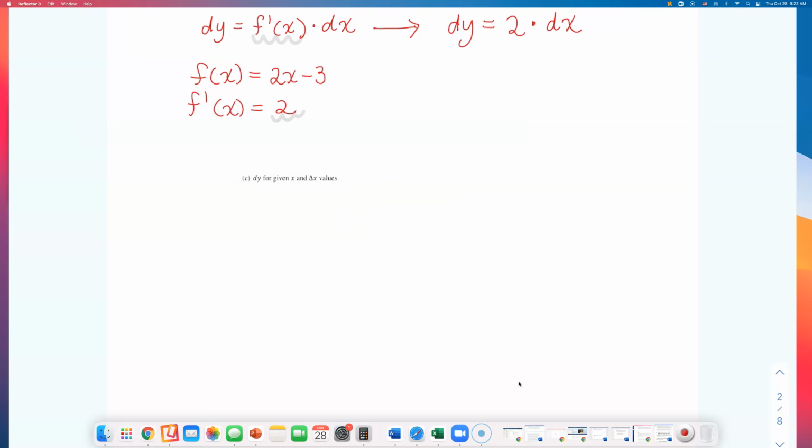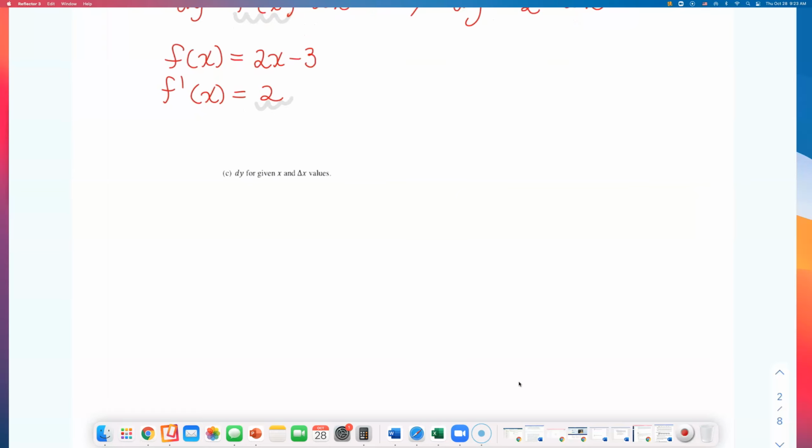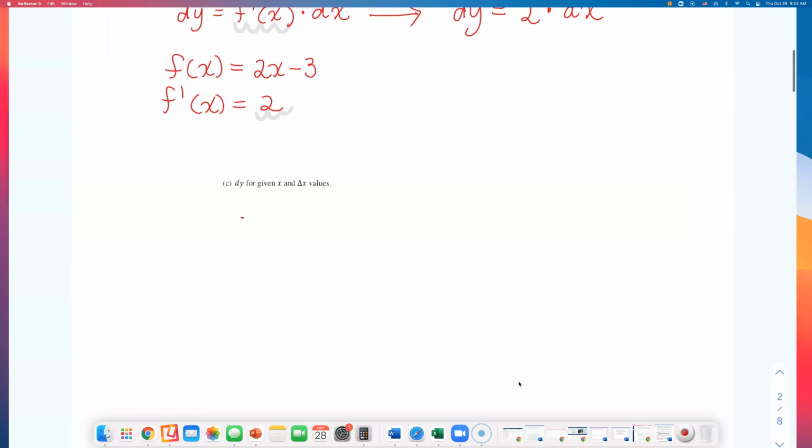Part C says find dy for given x and delta x value. Well, we just got that dy is equal to 2 times dx. That means dy is equal to 2 times, and I think they gave us a different notation, but dx is the same as delta x. And didn't they give you delta x in the beginning of the problem?